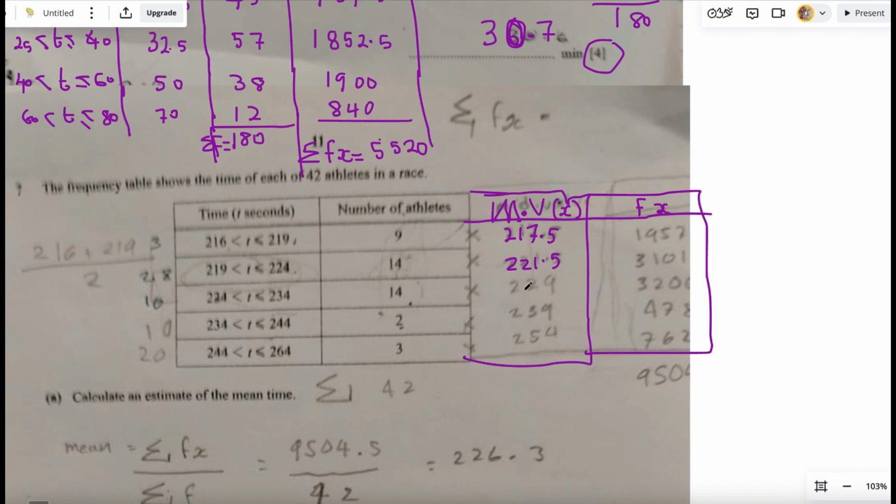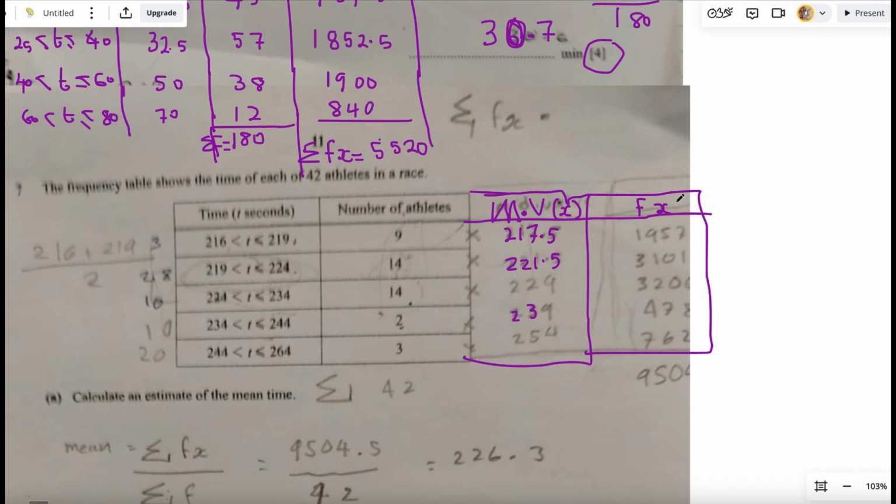Can you see the 229? Okay. Then the next one is 234 plus 244 divided by 2. We get 239. The next one is 244 plus 264 divided by 2. We get 254, right? So these are called the mid values.